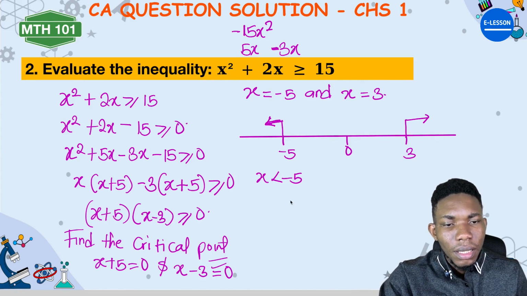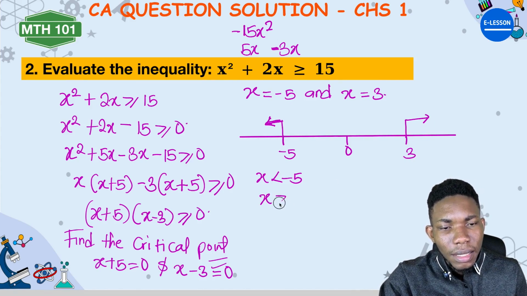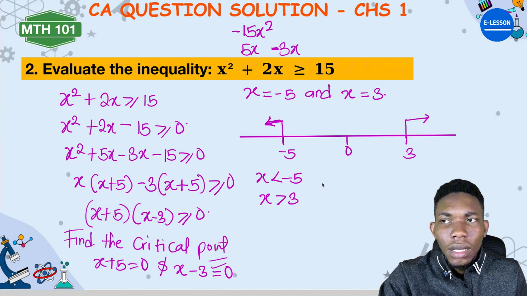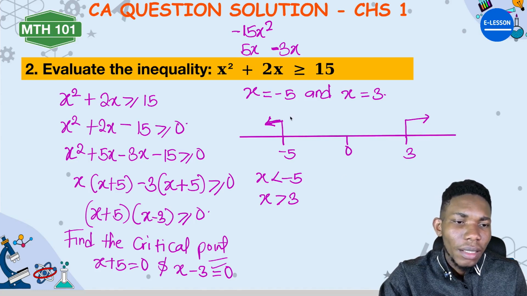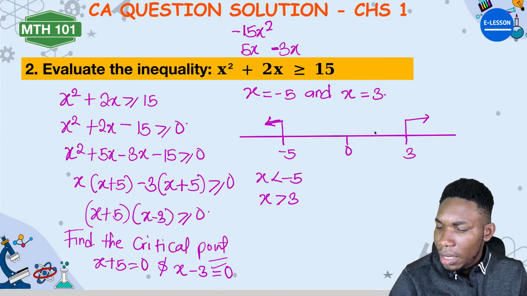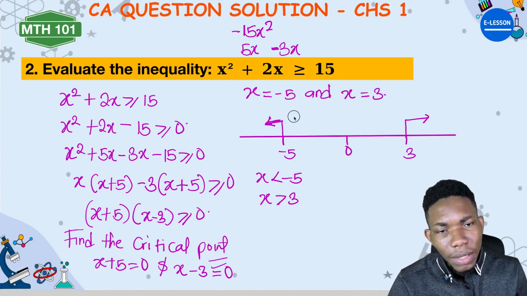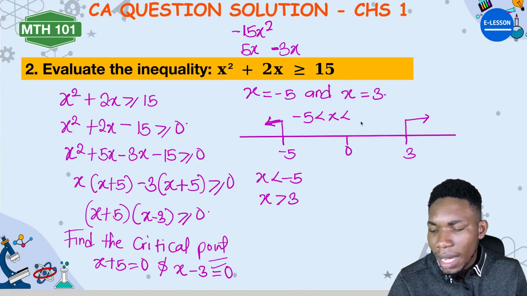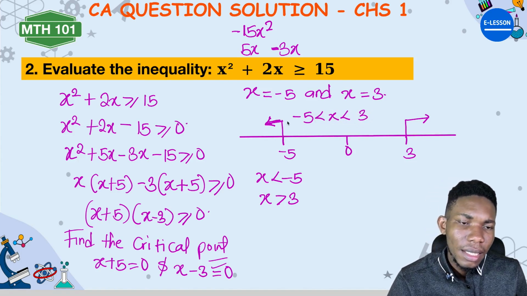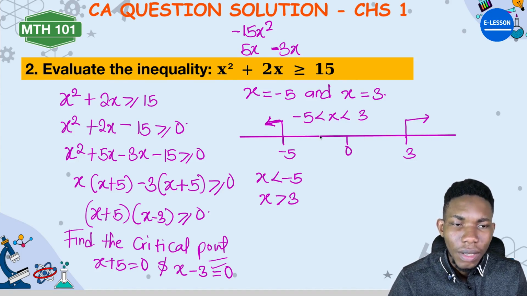Is that okay? I will have another one in the interval between minus 5 and 3. That one will be minus 5 less than x, and x is less than 3. This is the open interval.